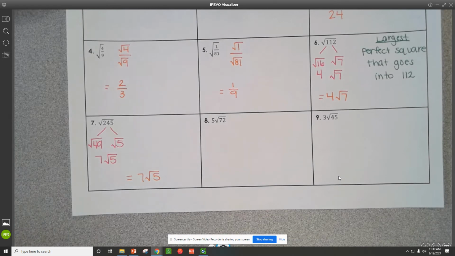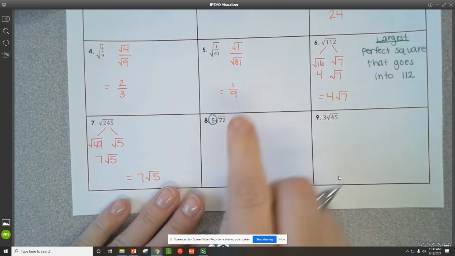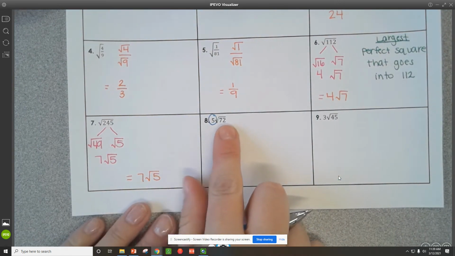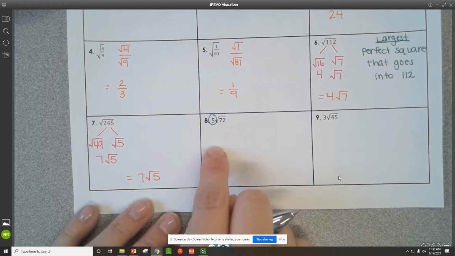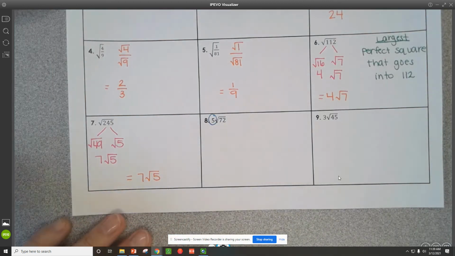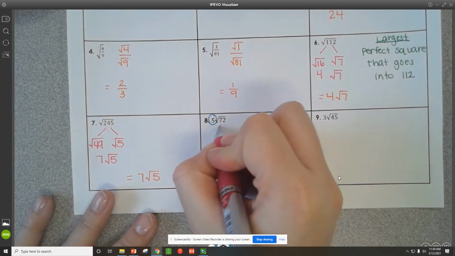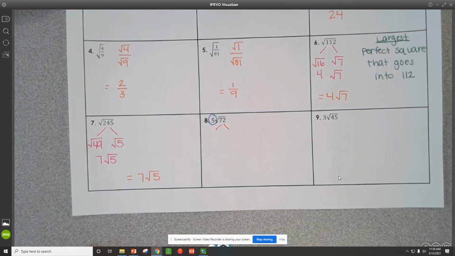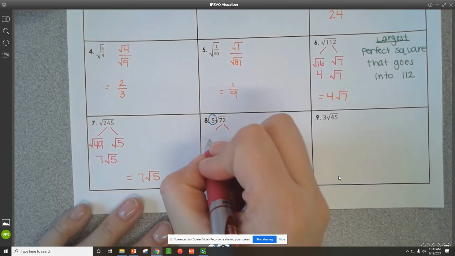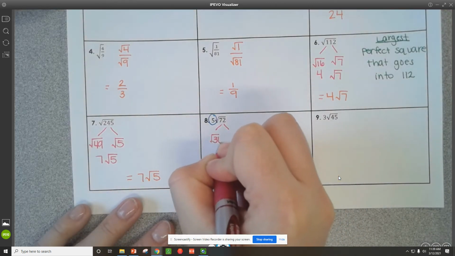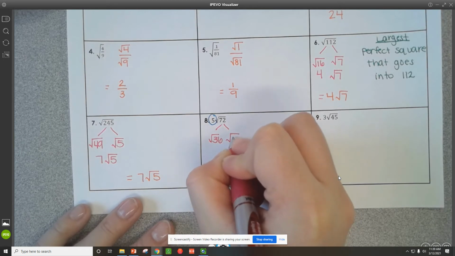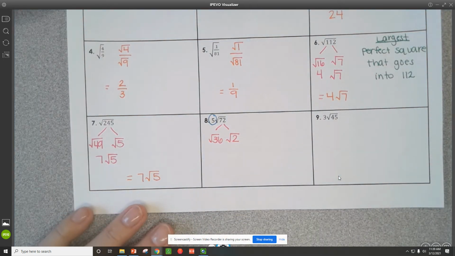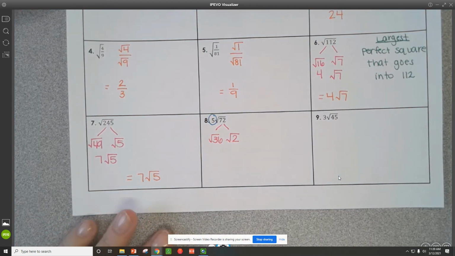Number 8 has a 5 out front. So after I break down the 72, I'm going to multiply that by 5. All right, so 72, if you take 72, just like we were doing with the calculator, and divide it by your perfect squares, the biggest one that goes into 72 is 36. So the square root of 36 times the square root of 2, because 36 times 2 is 72.